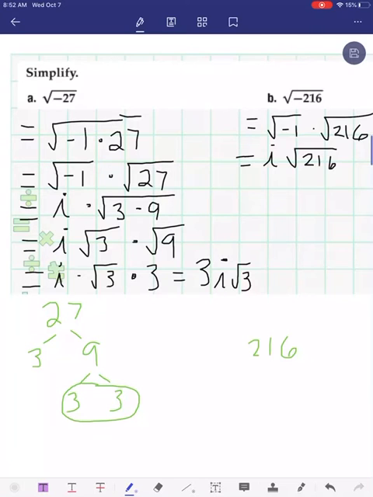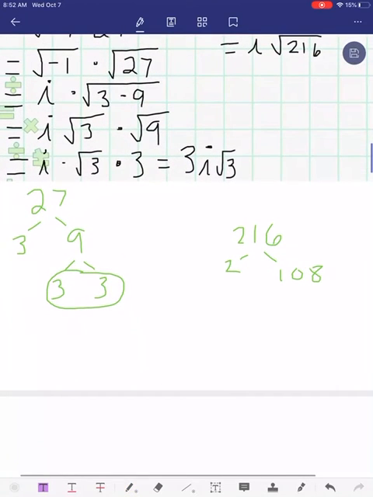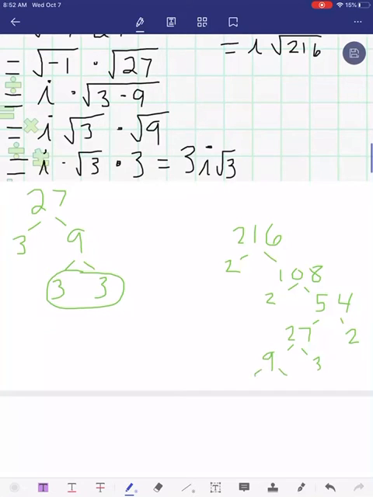2 times 108 is going to be 216. Then 108, 2 will go in again, and we'll have 54. Then we'll have 2 and 27. Nine and 3, and 3 and 3.